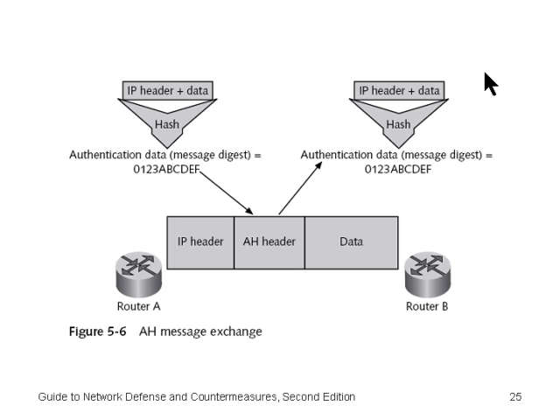Let's take a look at this. Authenticated header message exchange. Here we have our data, and then we have the authentication header, which is essentially a message digest of the IP header.